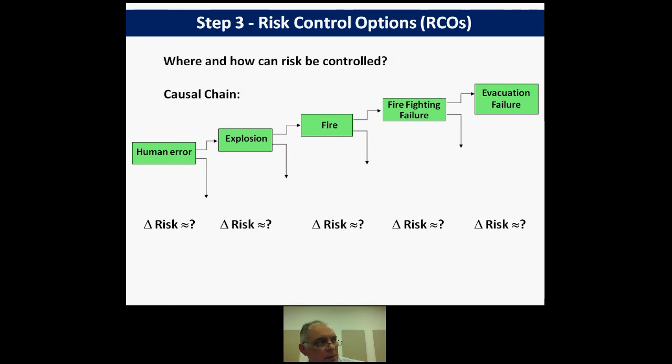In other words, the reduction which the measure we are examining will produce at the various stages, because we may have a risk control option which can cater for human error, and that will give us a reduction of risk, or cater for the reduction of explosions or fires or any stage. This will definitely, we hope anyway, lead to some sort of risk reduction.